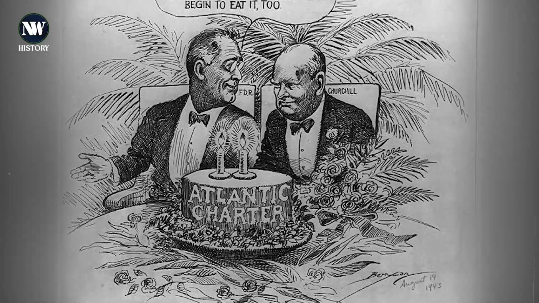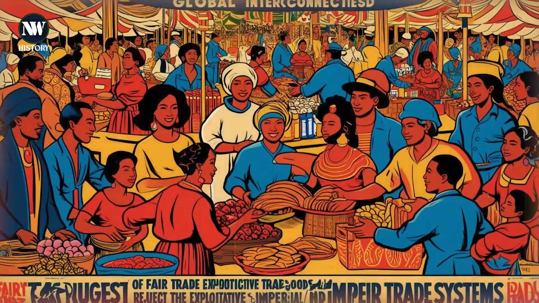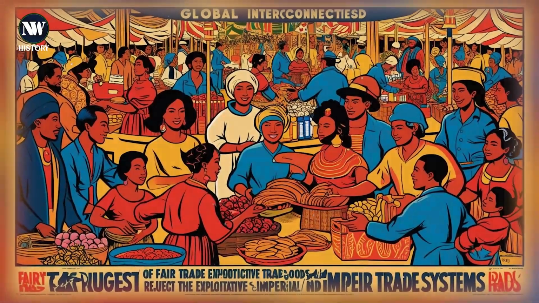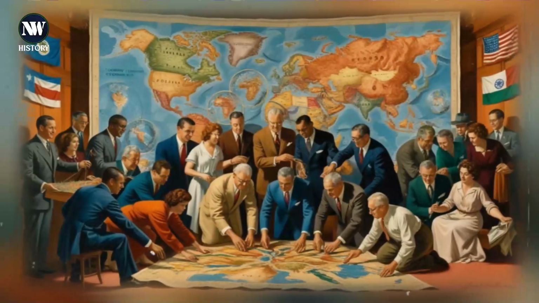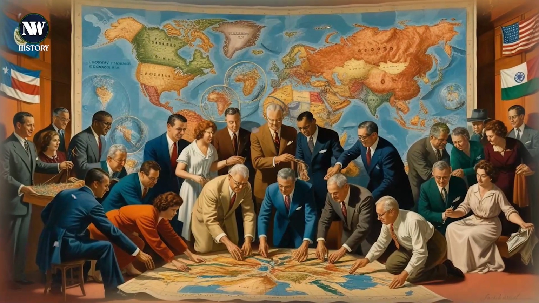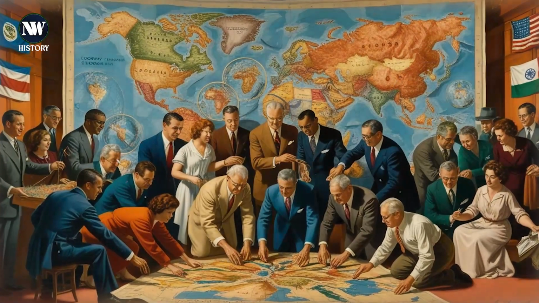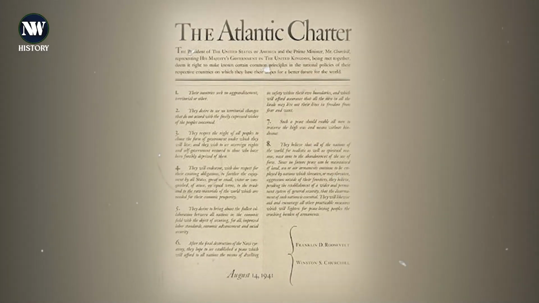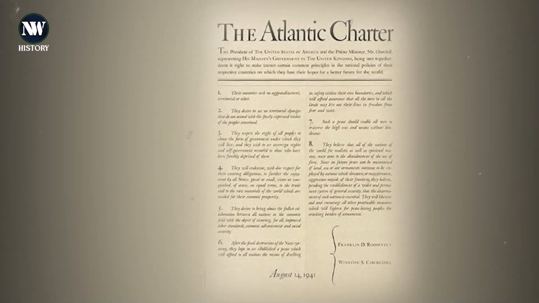Among its key principles were: number 1, access to the trade and raw materials of the world on equal terms and rejecting imperial trade blocs. And number 2, the fullest collaboration between all nations in the economic field, which was a direct criticism of 1930s isolationism. This document laid the ideological foundation for what would become the Bretton Woods system.